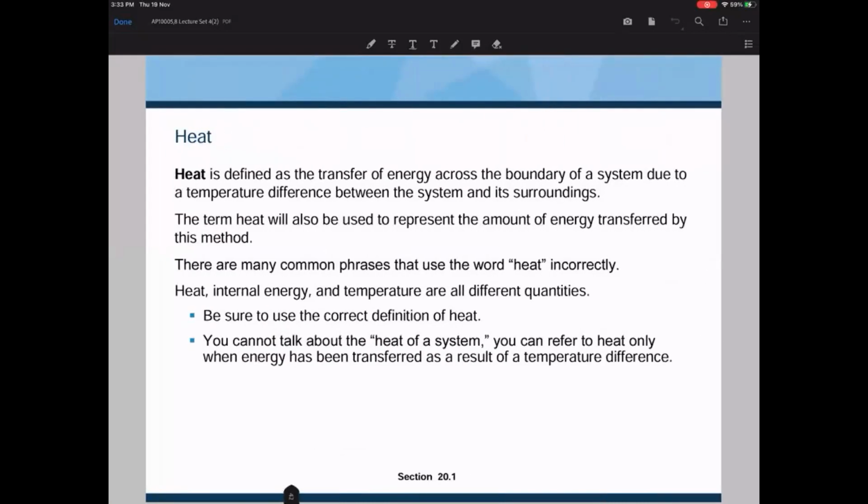Heat is another type of energy which is only present when you have a system and the surrounding. You have the heat which flows between the surrounding and the system due to a temperature difference. Of course, it is up to you to decide where is the system and where is the surrounding.